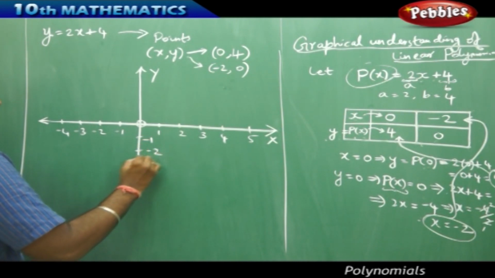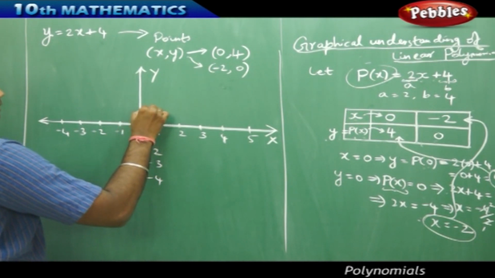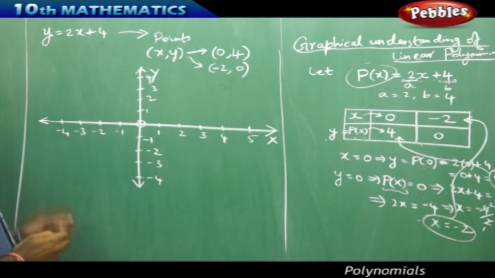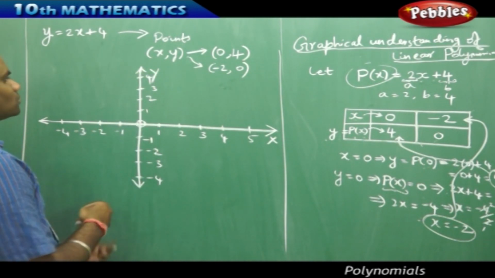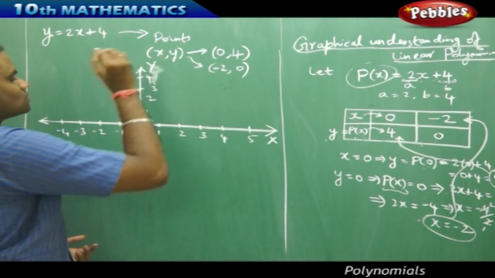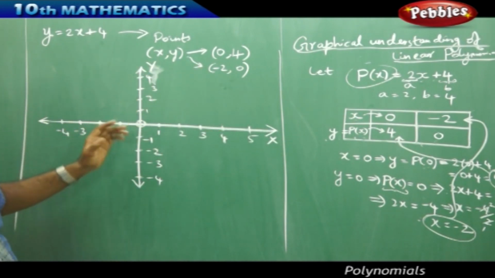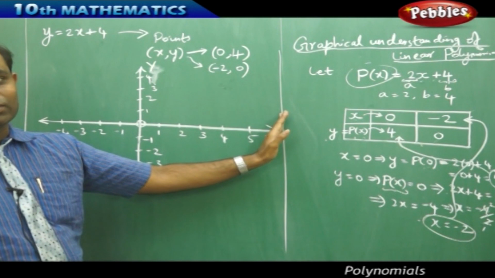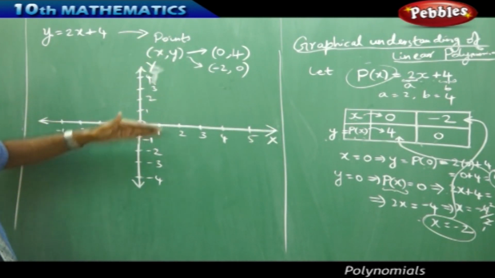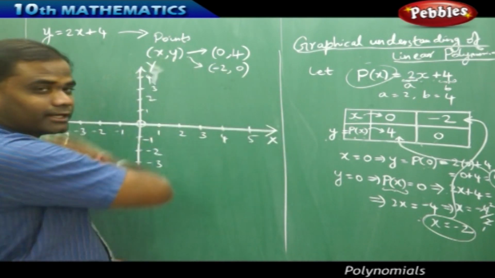And on the other axis, -1, -2, -3, -4, and this is 1, 2, 3, and 4, and 5, and so on. Now in this case, this is the y-axis, this is the x-axis, this is the origin, and these are all the positive x values, and these are all the negative x values, positive y values and negative y values, and this completely makes the real xy coordinate system.